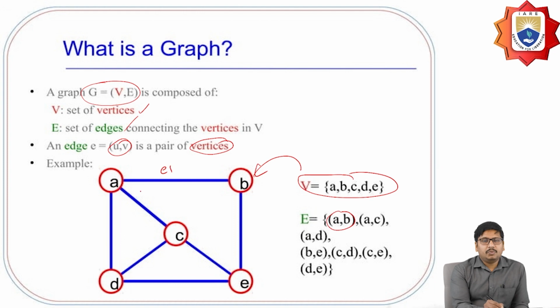So this is E1, the edge from A to B, and this is E2, A to C, and from A to D, B to E, C to D, C to E. So these are the set of edges in the graph.